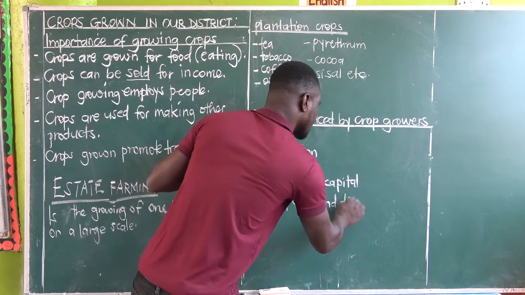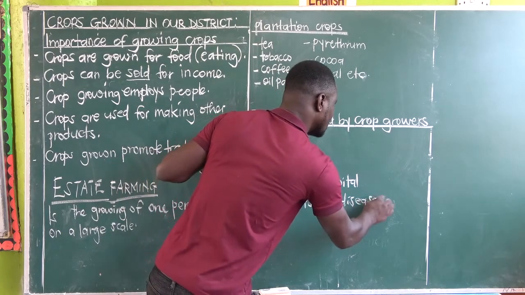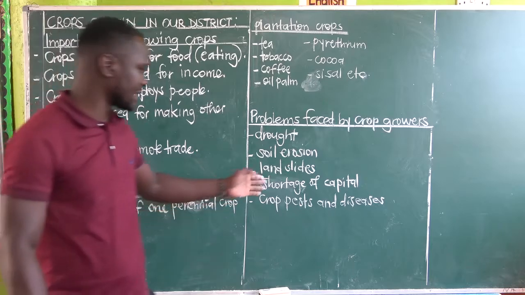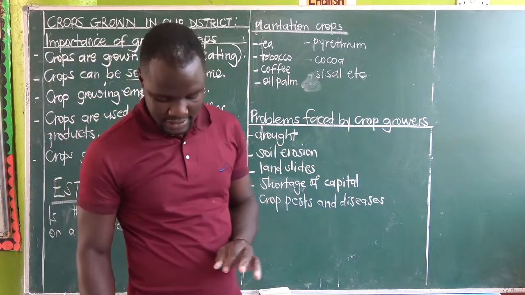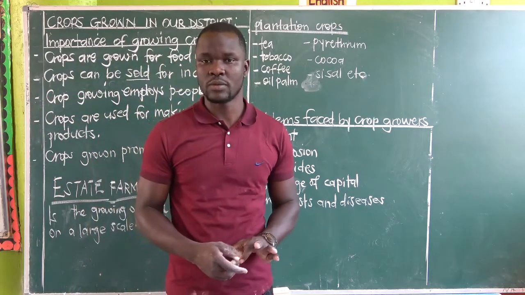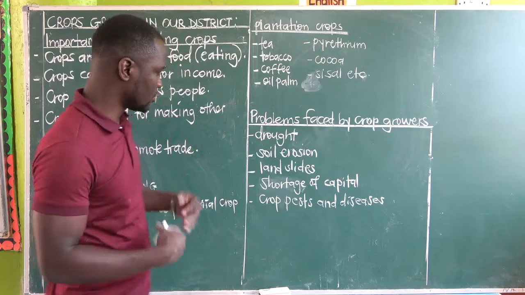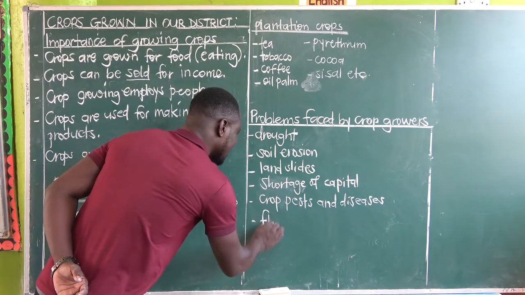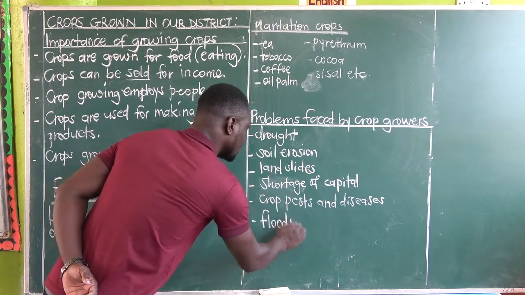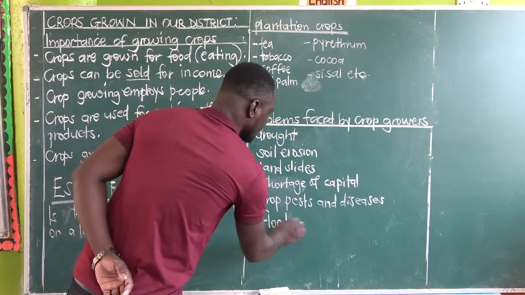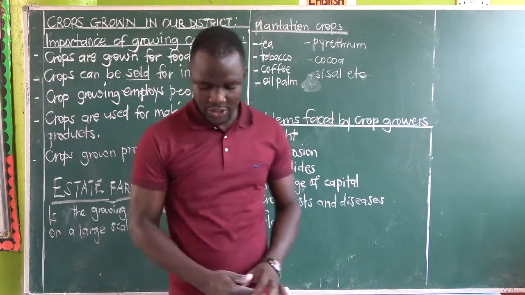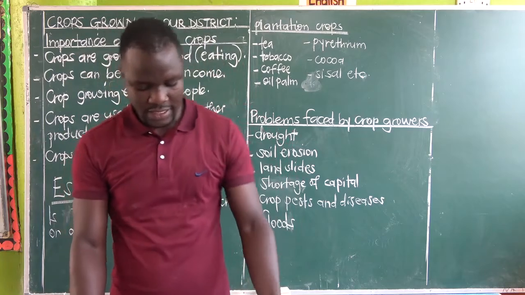These move together. Crop pests or diseases can attack the crops, and of course the crops fail to produce good yields. And then we have other problems like floods, which can occur due to heavy rains. Floods will end up washing away the crops in the garden.